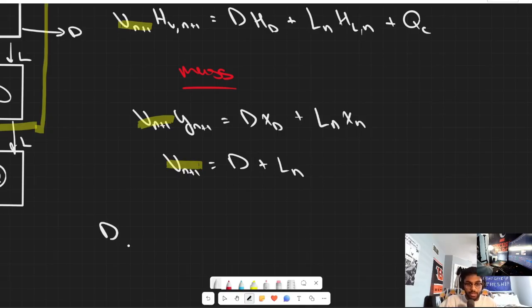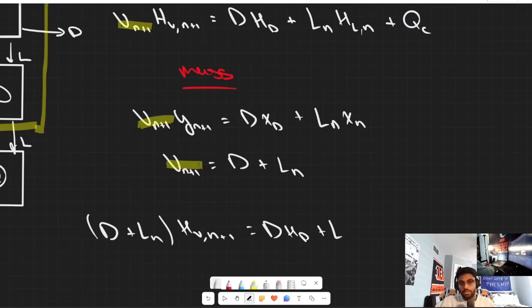So we're going to have a distillate plus our liquid flow rate from the stage above times our enthalpy of the vapor from the stage below, and the rest stays the same. So D HD plus L sub n HL comma n plus that cooling power that we had.